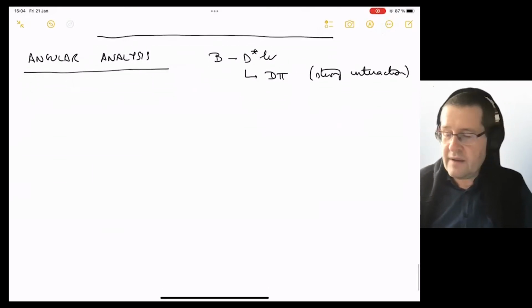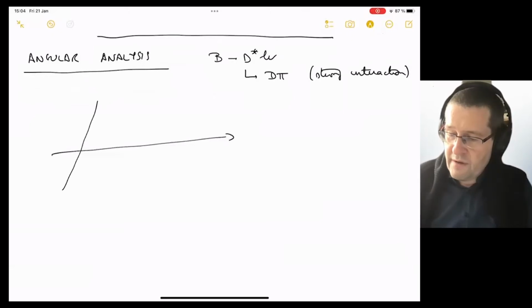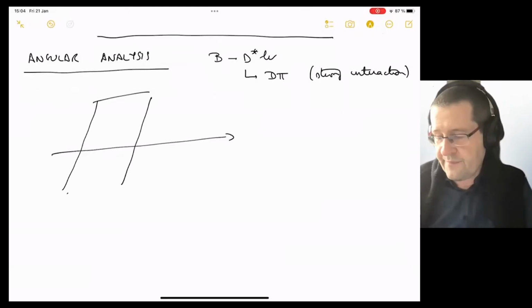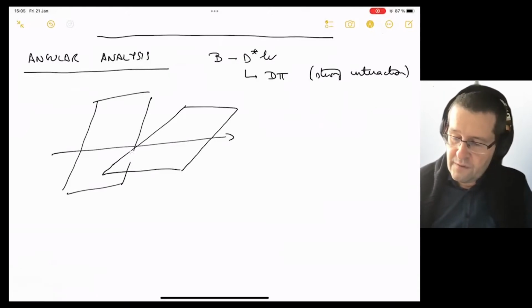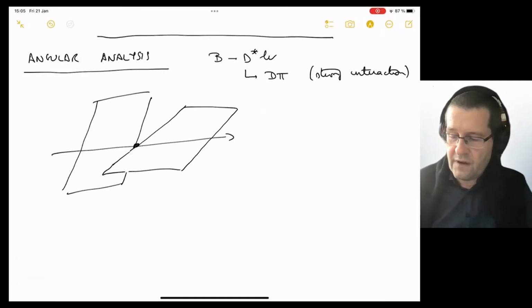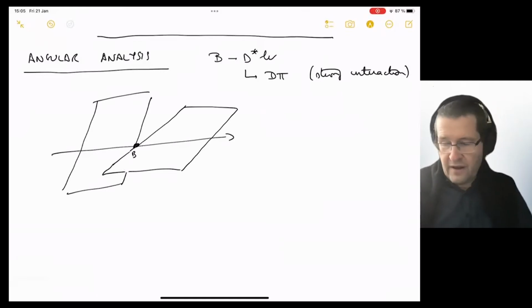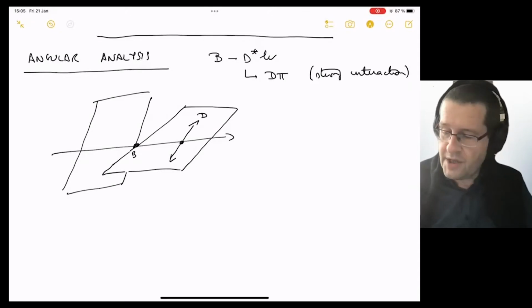So typically, you have two different planes to be considered. You start with a B, and then on one side there is a D star flying, and at some point it will decay into a D and a pi. So here you will have a D star contribution.